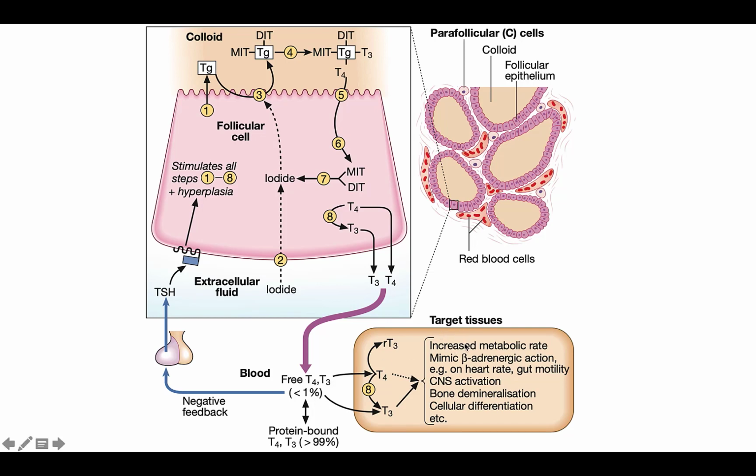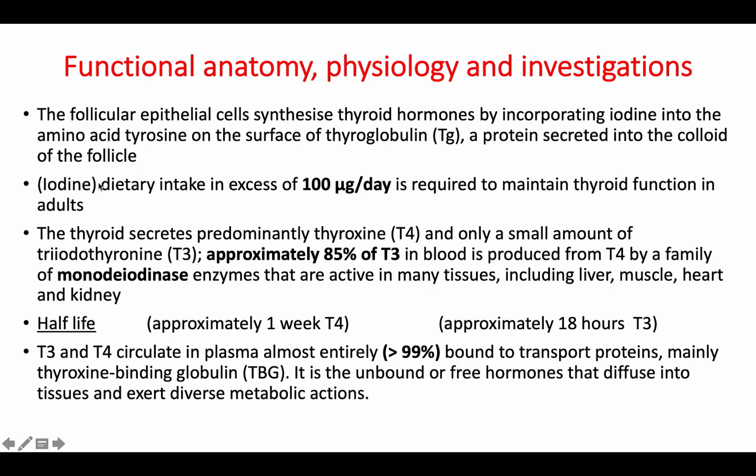So these are the functions: increase metabolic rate, mimic beta-adrenergic reactions, increase heart rate, gut motility, CNS activation, bone mineralization, cellular differentiation. The iodine need in the adult is in excess of 100 microgram per day, for maintenance.